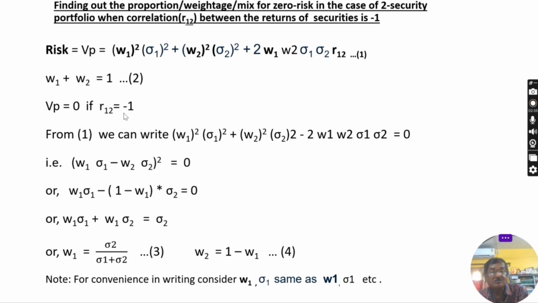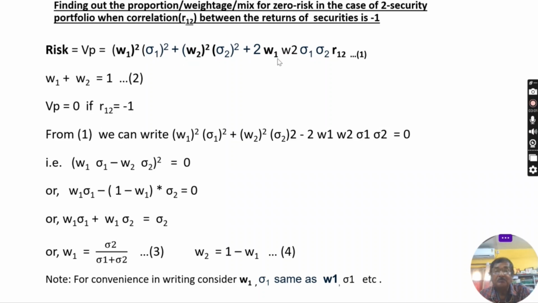We have already discussed through empirical data that if the correlation coefficient is -1 between the two securities of a two securities portfolio, then risk can be reduced to 0 also.